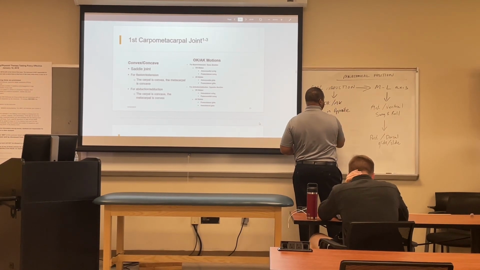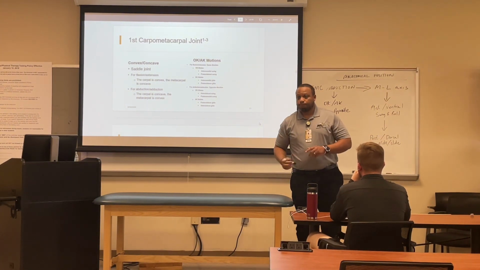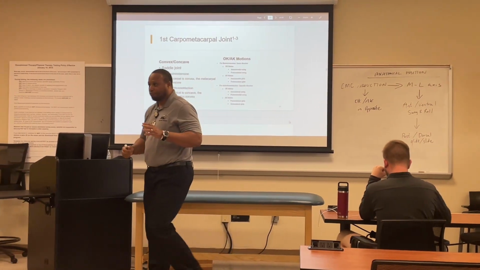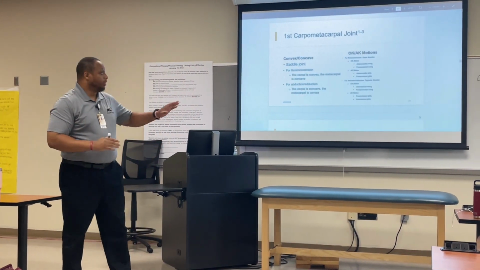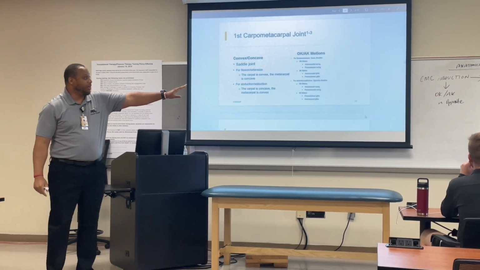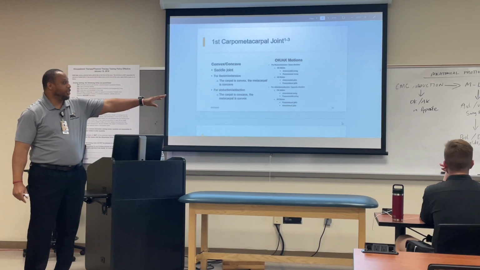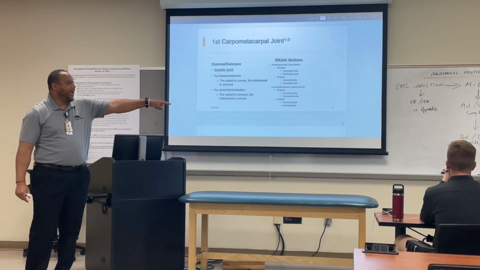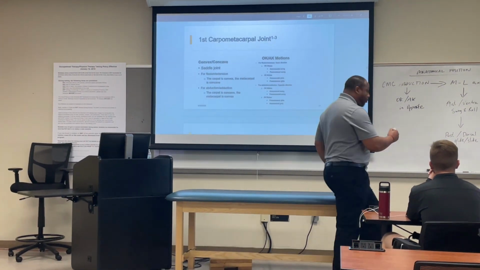All of this should make sense, all my arrows. So now, this is what I've done, because students can easily get confused. Notice I wrote CMC abduction. I came up with a little pattern. I wrote CMC abduction and drew an arrow down. OK and AK are in opposite direction.